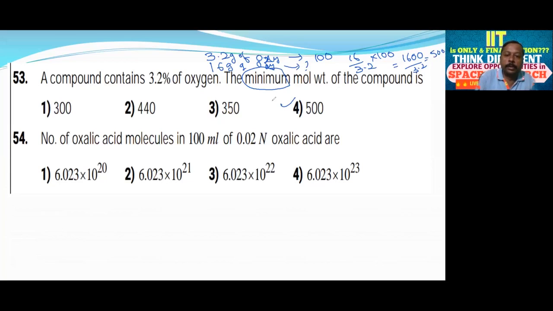That means the fourth option is correct. You can check the calculation; I am doing this just to give you the concept of solving.